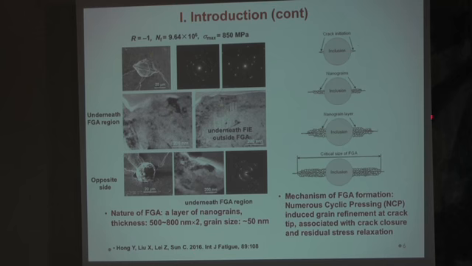Therefore, we propose a model called numerous cycle pressing to explain this process. It is due to the pressing between the two crack surfaces, also assisted by crack closure and the relaxation of residual stresses, to cause this type of fracture surface morphology called the FGA. So this is for high strength steels.